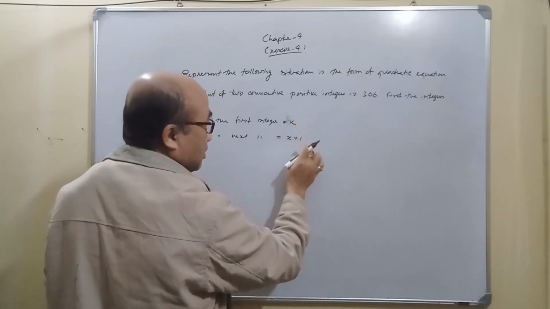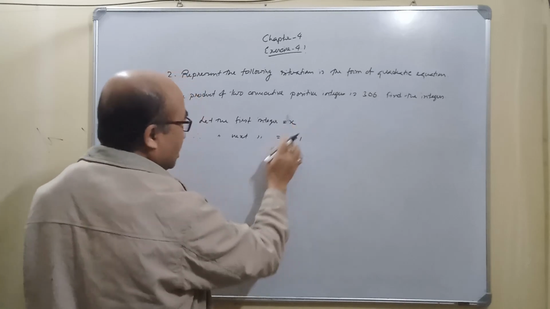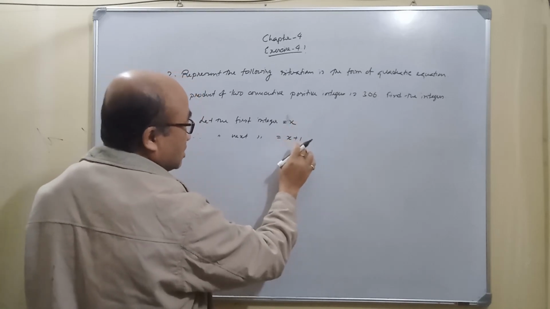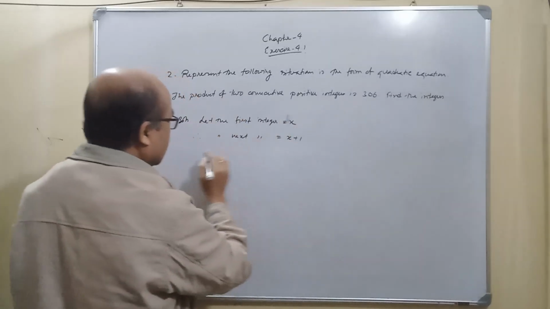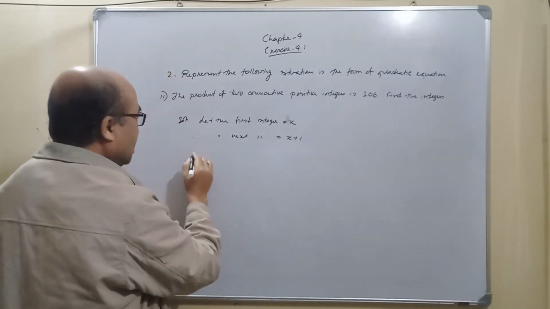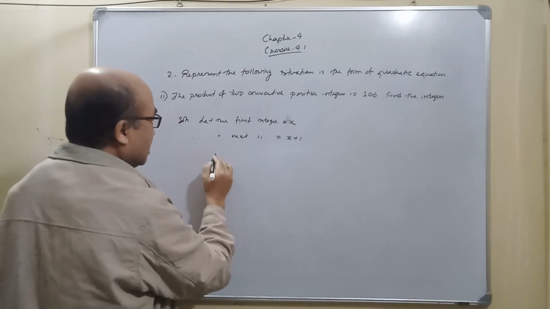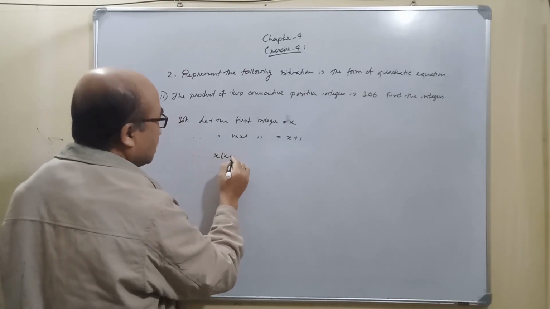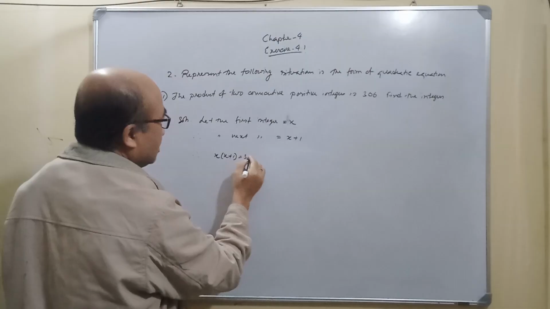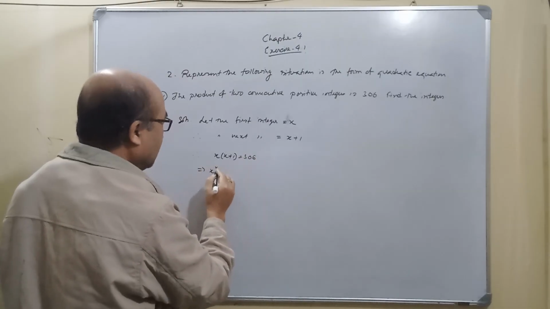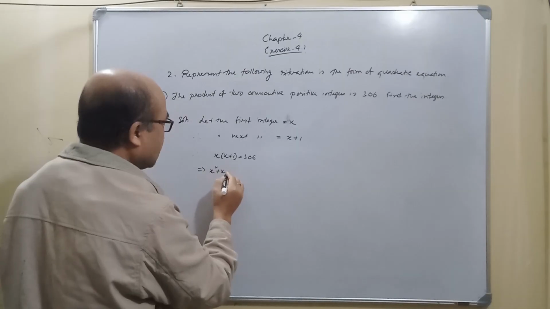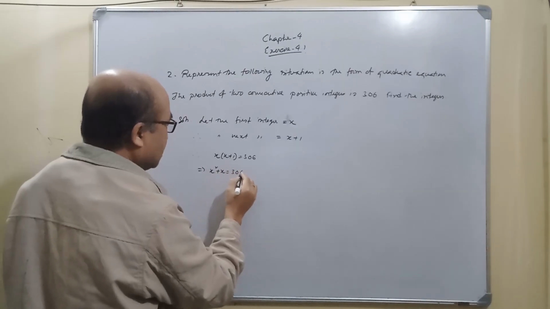So we get the two numbers: x and x plus 1, and their product is 306. So x into x plus 1 is equal to 306. Multiplying, we get x square plus x is equal to 306.